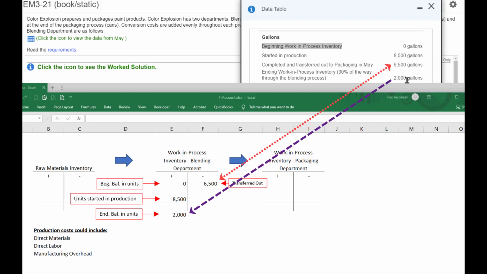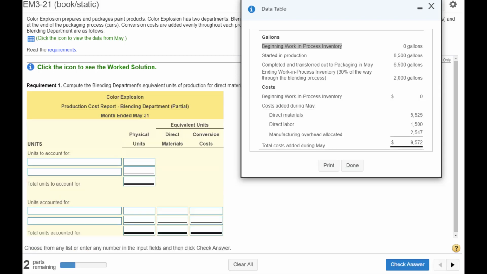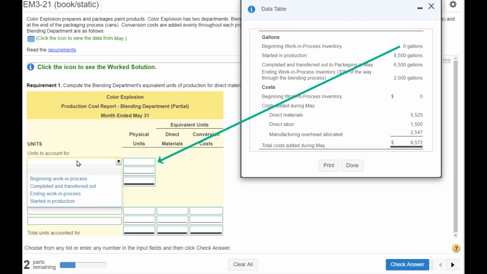So now we're going to put that on our production cost report. So the units to account for, and again, remember this is the blending department, they're the units that are beginning in process, which is 0. Copy and paste the 0.